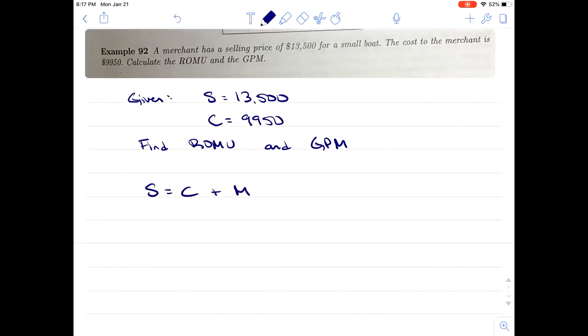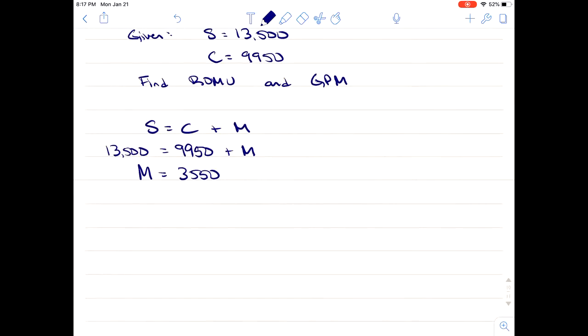So if we know S and we know C, we can find M. We have 13,500 is 9,950 plus M. So M is 13,500 minus 9,950. The amount of the markup is 3,550.